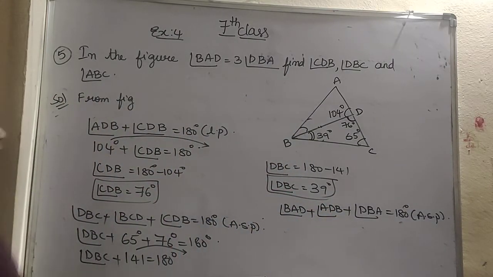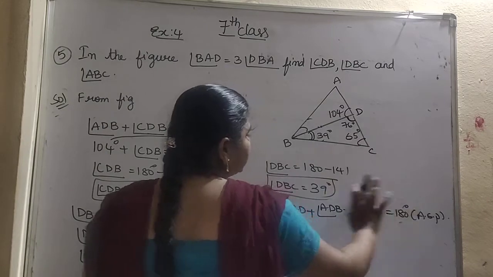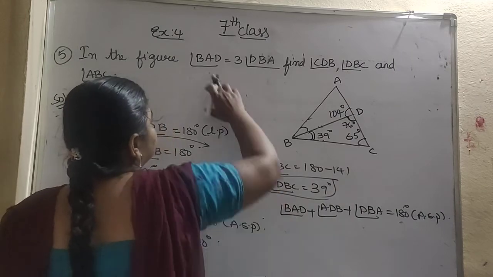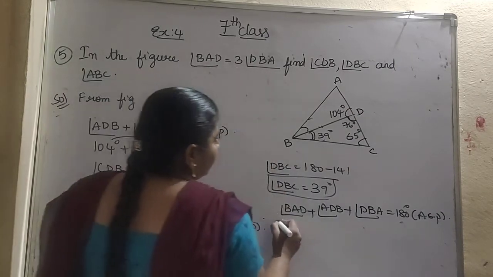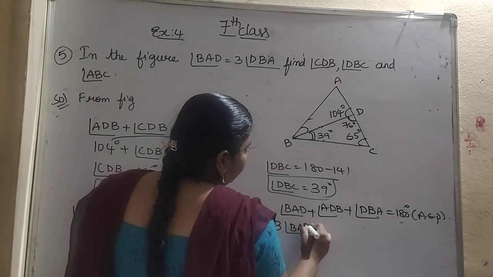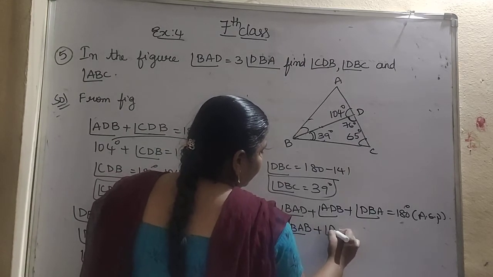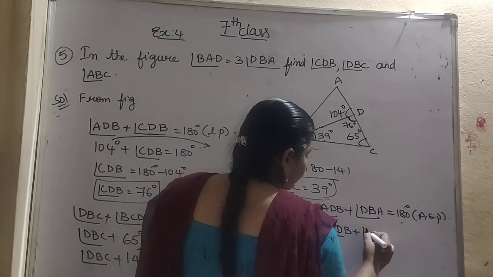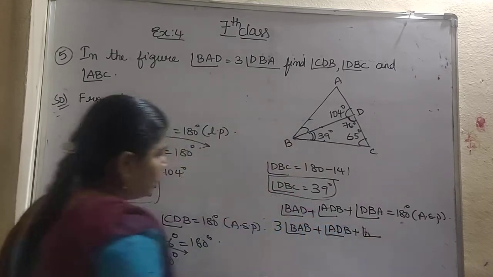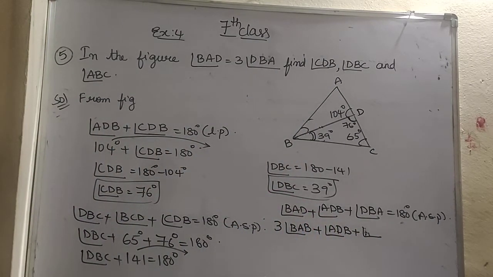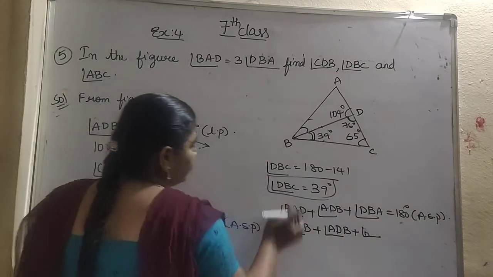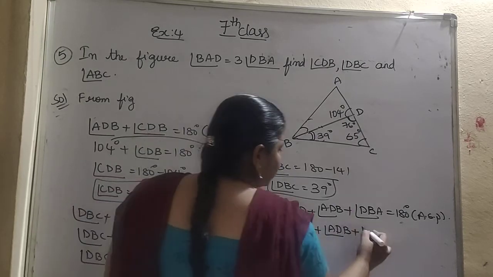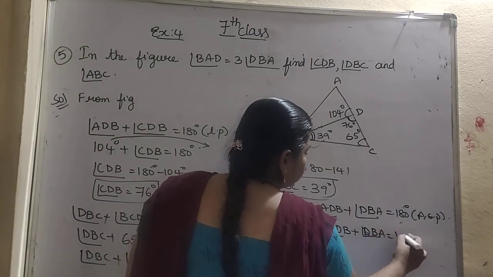By the angle sum property, the sum of three angles is equal to 180 degrees. In place of angle BAD we can substitute 3 angle DBA. So 3 angle DBA plus angle ADB plus angle DBA is equal to 180.